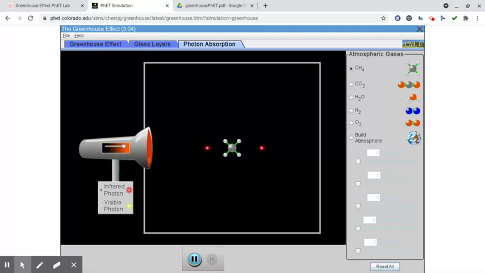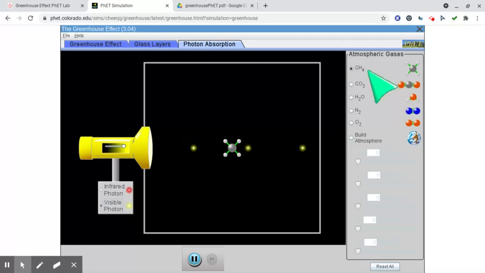Looks like methane did absorb some infrared. It bounced off some infrared, and some infrared went right by it. And then we'll change to visible photons. The visible photons are not affecting the CH4, just the infrared. So the heat of the infrared affects the methane molecule.